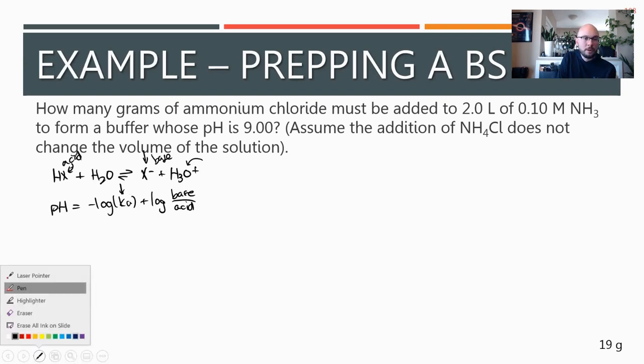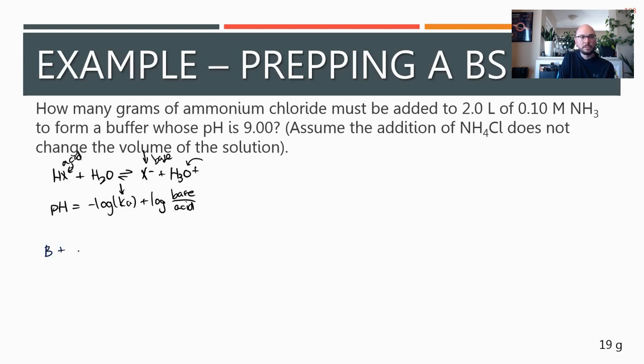If we imagine this to be a base instead, the general form is base plus H2O forms, since bases accept hydrogen, HB plus and OH minus. So here's our base and here's the acid. We're going to get a reverse sort of thing happening with the log expression, and instead of a Ka, we're going to work with a Kb.